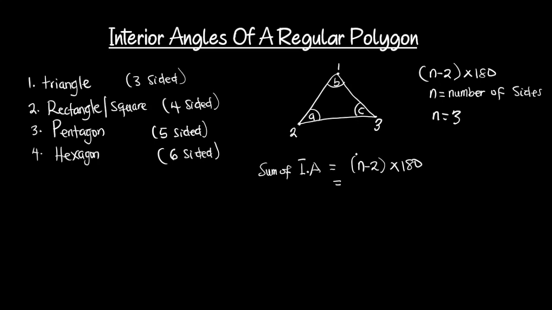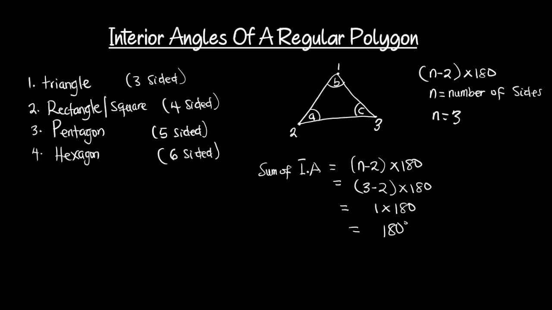Like I said, since this is a triangle, the n is 3 because the triangle is a three-sided polygon. So my n will be 3 minus 2 multiplied by 180. From here, 3 minus 2 will give me 1 multiplied by 180, and 1 multiplied by 180 will give me 180 degrees. So it means that the sum of the interior angles of a triangle is equal to 180.